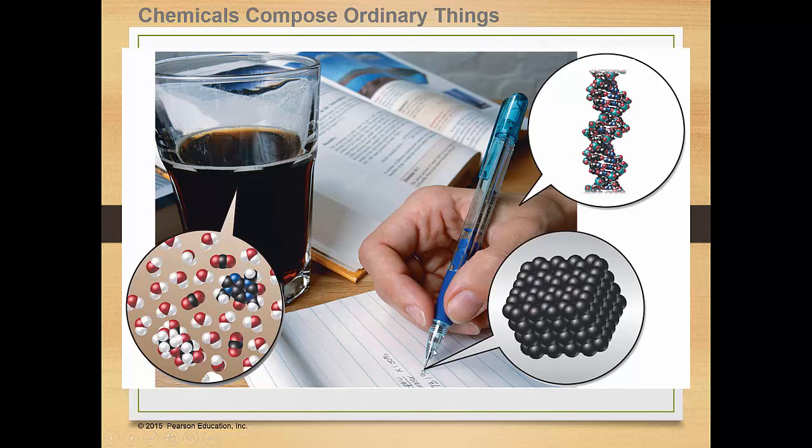If you're writing with a pencil, pencil contains graphite. This represents graphite. It's nothing but carbon atoms that are attached together. Your skin has all these different atoms and molecules that make up your DNA. The paper in the book is made up of cellulose, the ink that's printed on there. These are all different chemicals.